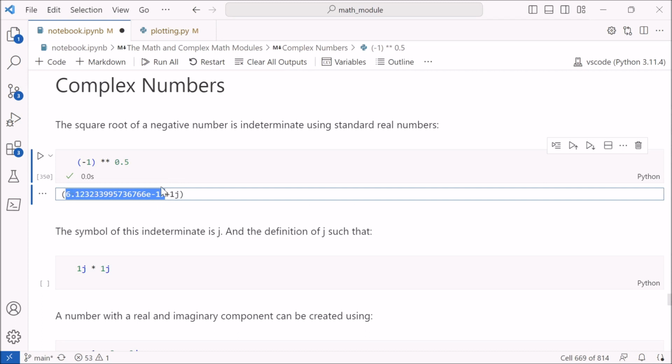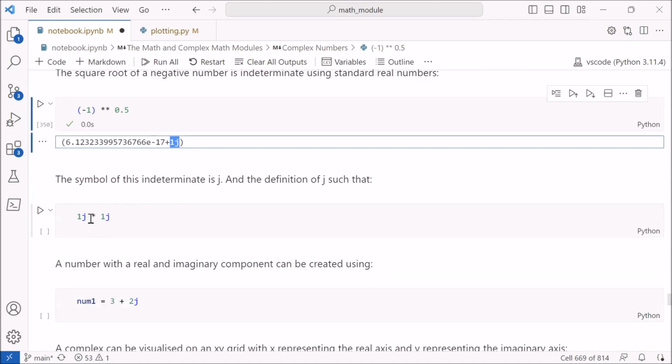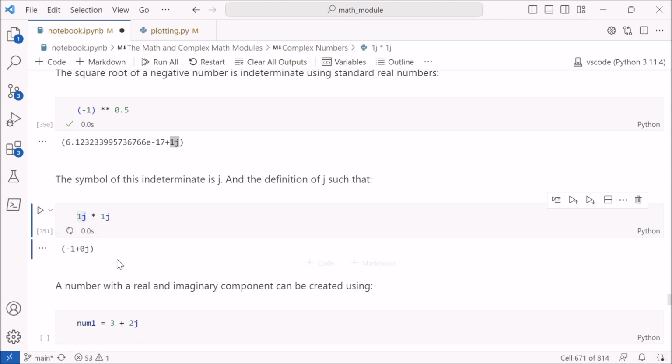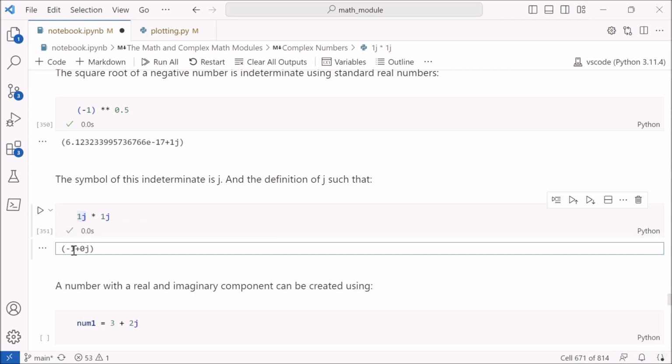It's the recursive rounding of a floating point number. And this is 1j. So that's the definition of j, it's the square root of -1. So if we take 1j times 1j, we're going to get -1 because its definition was being the square root of -1. So if it's squared, then you're going to undo this.